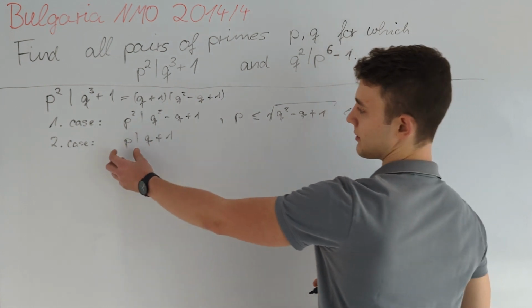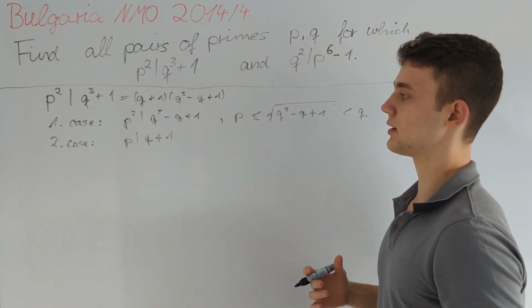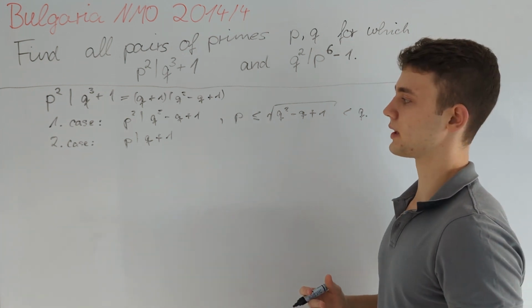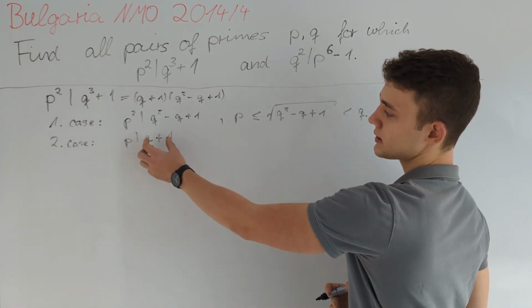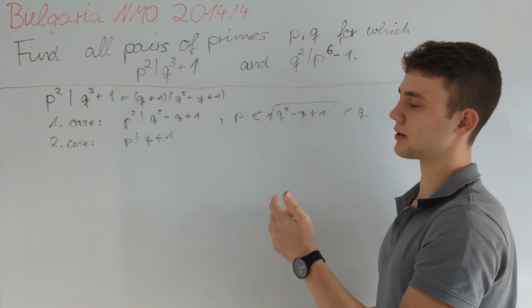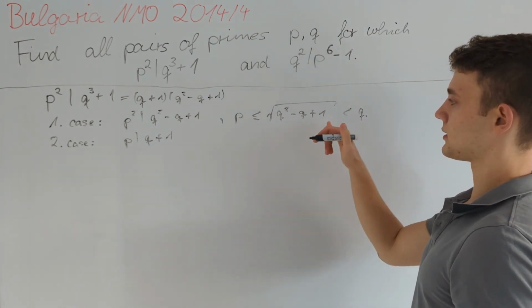And for most primes p, if and only if p is odd, p is co-prime to 2. So in most cases we can deduce from that that p also divides q plus 1 all over 2, which will give us the same bound.